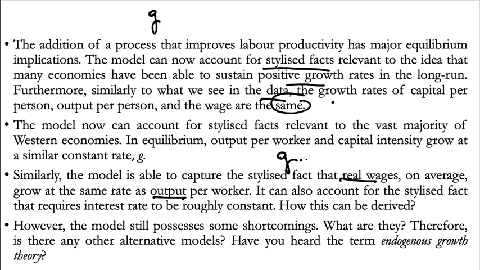How this can be derived, you have to further study and extend the study more. Now, despite its ability to generate outcomes that are supported by the empirical facts, the model itself possesses serious disadvantages or shortcomings.